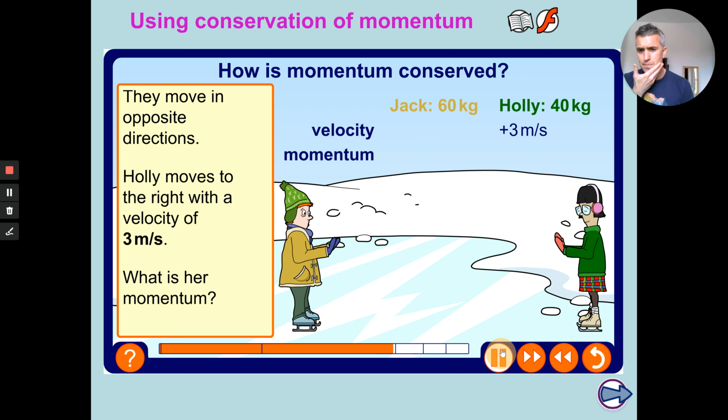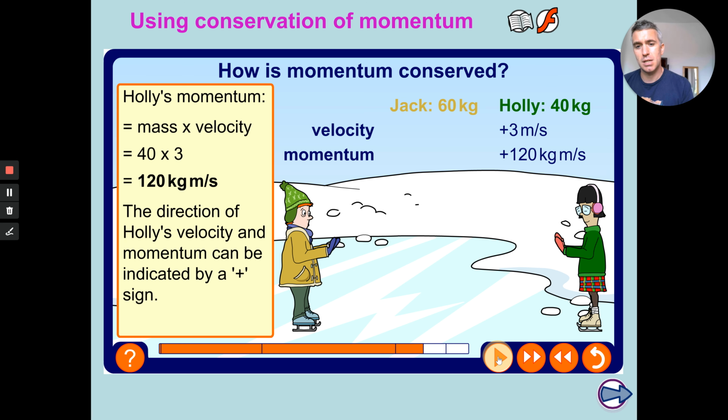Beautiful. Holly moves away with a velocity of plus 3 meters per second. So, what's Holly's momentum? Quick maths lets you work out 3 times 40 is 120 kilogram meters per second. Now, for the rule of conservation of momentum to hold, Jack's momentum has to be minus 120 kilogram meters per second.